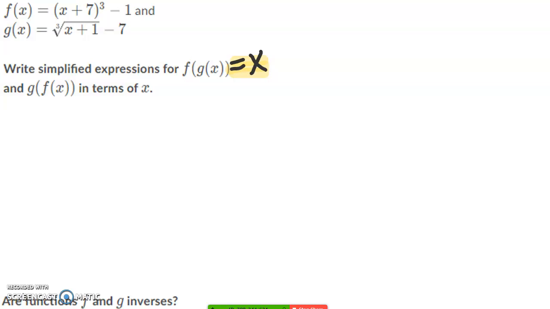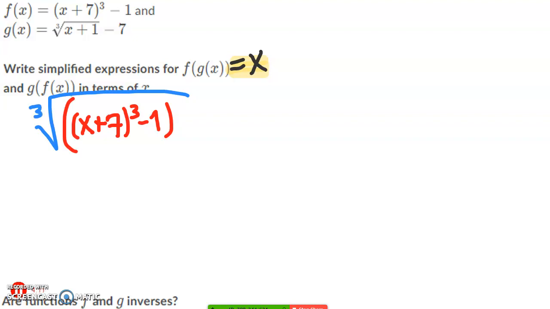Now we're going to find g of f of x. Okay? So f of x again was x plus 7 cubed minus 1, and we're going to stick all that inside g of x, which is cube root, all that is x, plus 1 minus 7.